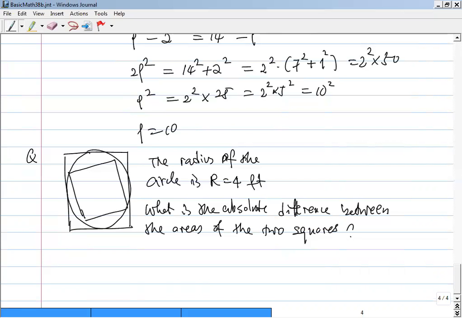Isn't it weird that I got a larger area for the smaller square than the larger square? Yes, it is. It's funny. Eight squared equals 64. The small square is 16.